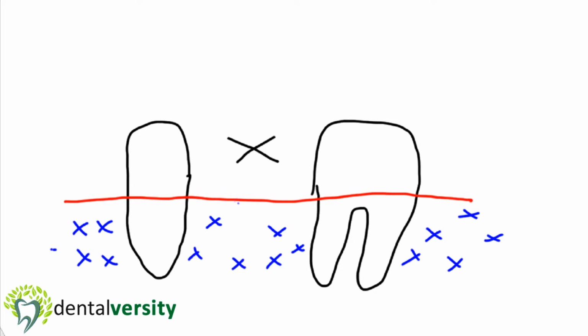So an implant is a titanium screw, and let me draw that in. It kind of looks like a root. If you look at the shape of the roots of the teeth, an implant mimics the appearance of a root, and really it is acting as a root, per se.